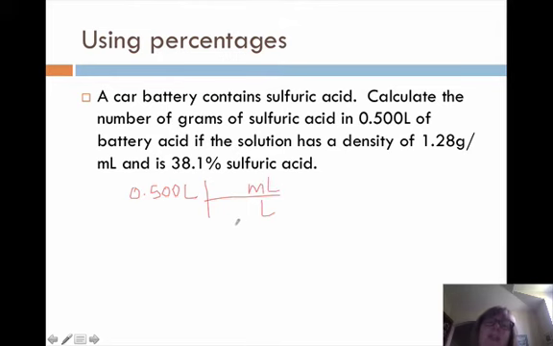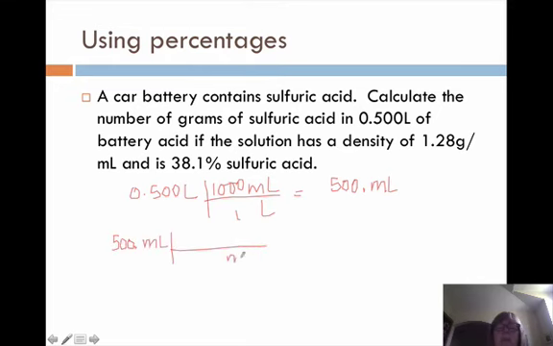This is a conversion factor you need to know. There are 1,000 milliliters in a liter, so we actually have 500 milliliters of our battery acid. These zeros would be significant because they were after the decimal, so I made them significant in this answer.